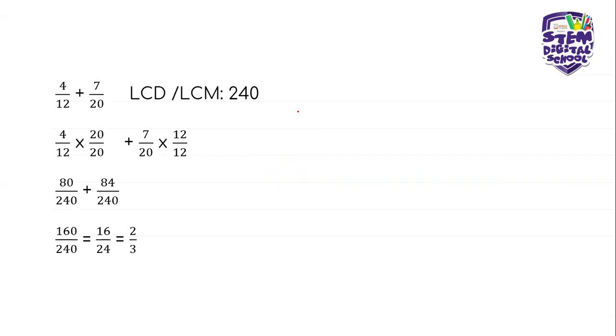This one, the numbers are quite big, but let's use it. I have 4 over 12 plus 7 over 20. My LCD comes from looking at this number and this number, these 2 denominators.